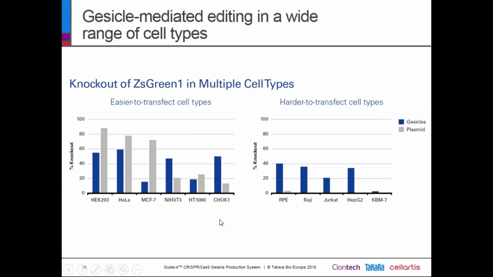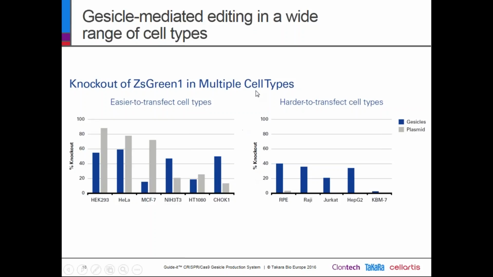So for the easy to transfect cells, you can see that sometimes plasmid delivery gave higher efficiency for the ZS green knockout, and sometimes Gesicle delivery gave higher efficiency. This was depending on the cell type. In any case, you will expect lower off-target effects when using Gesicles, even in those easy-to-transfect cell types, and I will speak later about the off-target effects. So this is still one advantage of Gesicle delivery.